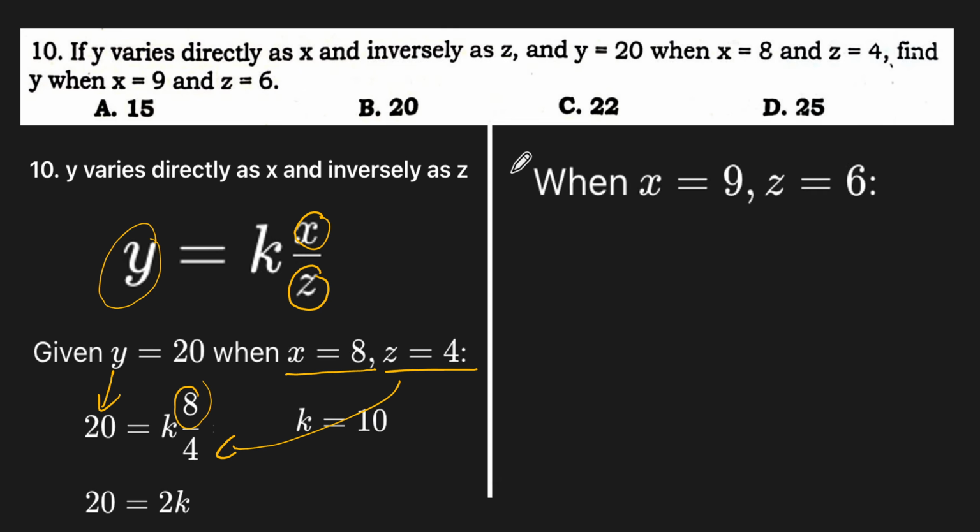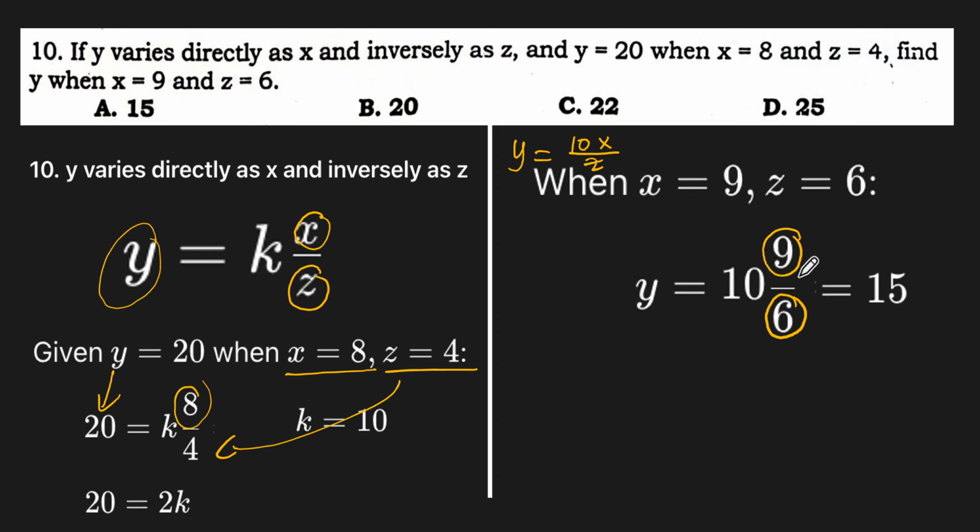And then we have this new formula, y equals 10 times x over z. Then we plug in the x and z. The x here would be 9, the z would be 6. So 10 times 9 divided by 6 will give us 15. And then the answer would be letter A, 15.